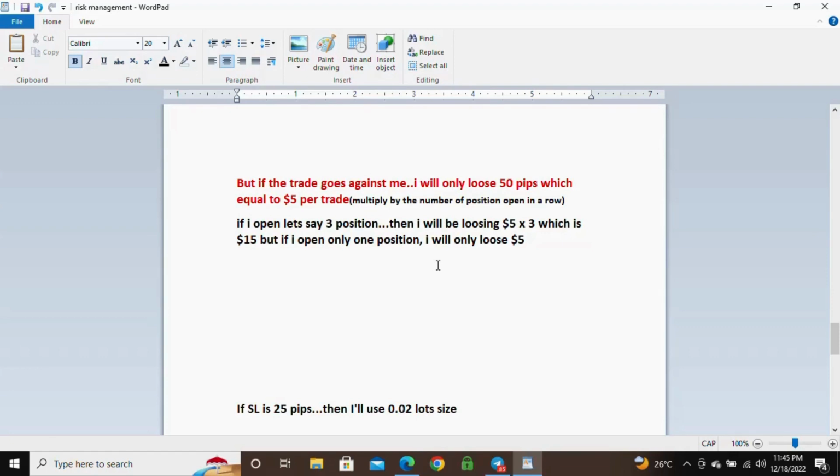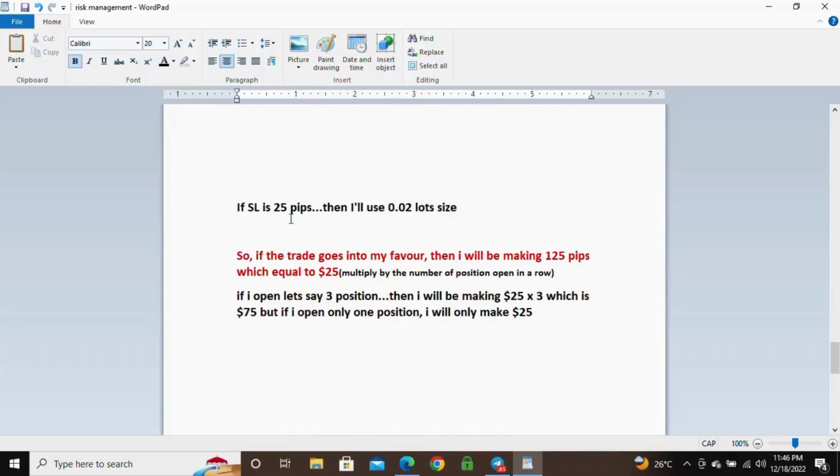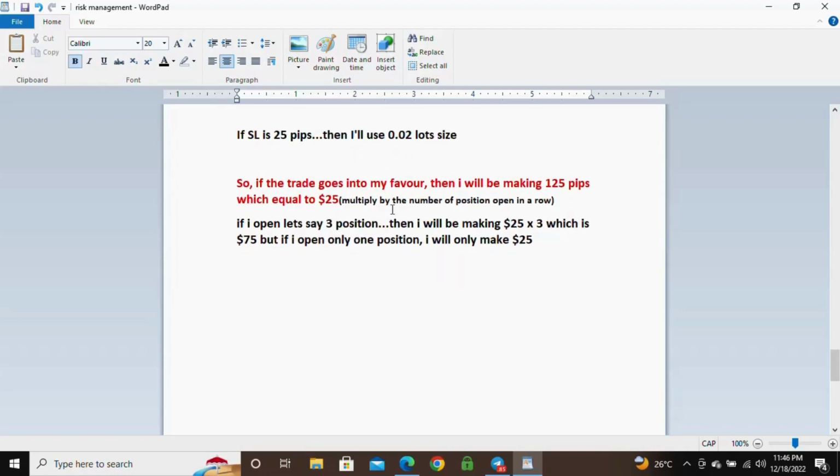Now, let's see how powerful this technique works when it comes to limiting your SL. Let's assume we mark a trade setup and we're able to risk 25 pips. I'm going to be using 0.02 lot size, which is the micro lots. So if the trade goes in my favor, then I will be making 125 pips, which is $25 multiplied by the positions in a row.